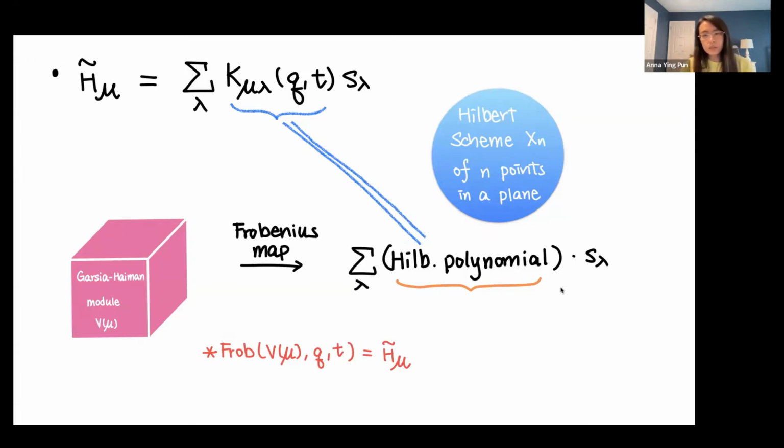I sum all these things times s lambda. What it means is that the Frobenius map of this module in q and t is basically just the modified Macdonald polynomial. So you can actually view the modified Macdonald polynomial as the Frobenius image of this module.